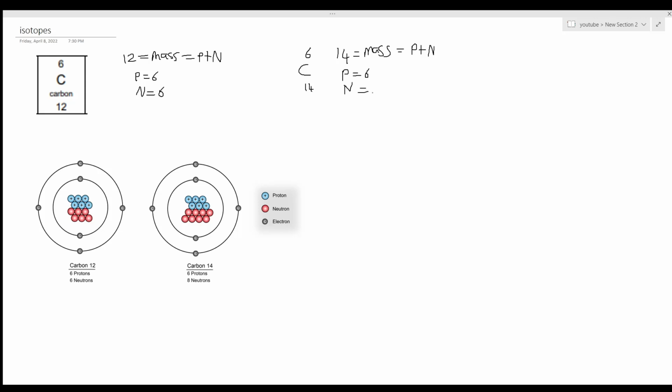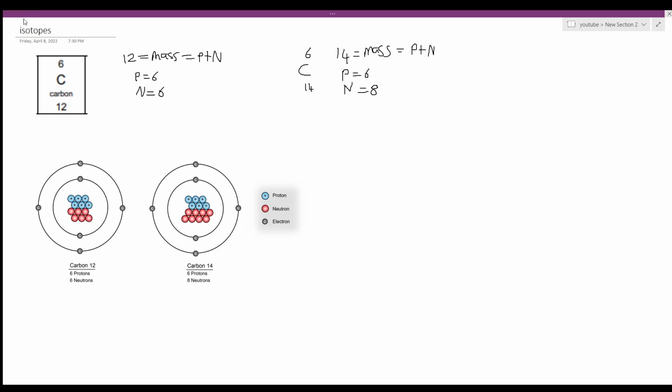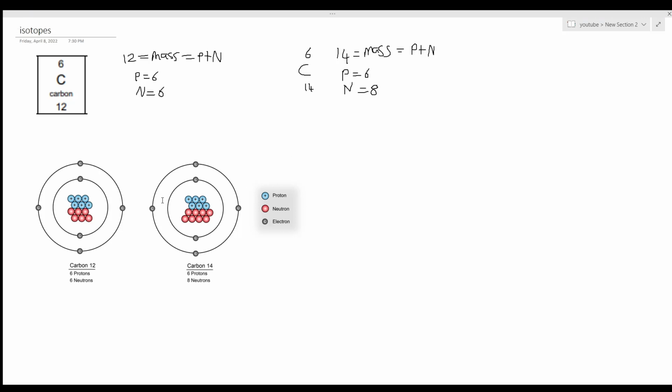They're both still carbon. They both still have 6 protons and 6 electrons. But they have a different number of neutrons, and that's called an isotope. And we can see here, in this diagram, the difference between carbon-12 and carbon-14. So when you're asked in the exam for a definition of an isotope, this is the definition that they're looking for, and every word here matters.